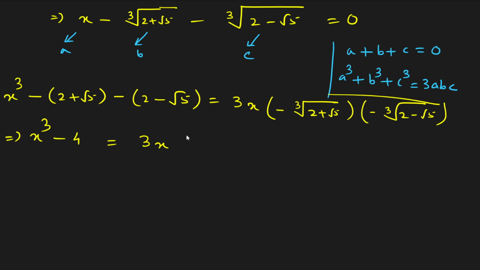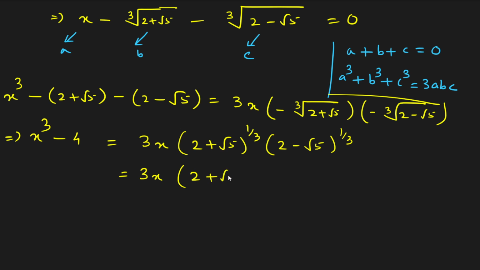And then this is 2 plus root 5 whole to the power 1 by 3, then 2 minus root 5 whole to the power 1 by 3. So this is our 3x. These two, if we combine them, means if we write in one bracket, 2 plus root 5 times 2 minus root 5 whole to the power 1 by 3. So 3x, this is nothing but of the form a square minus b square.